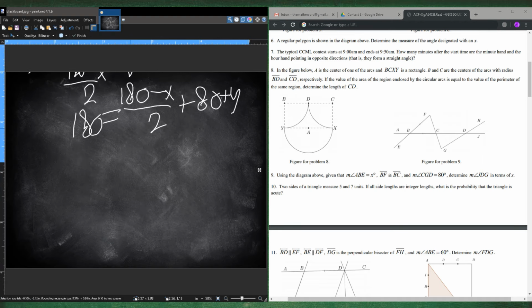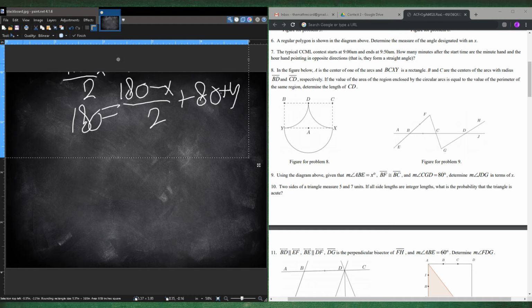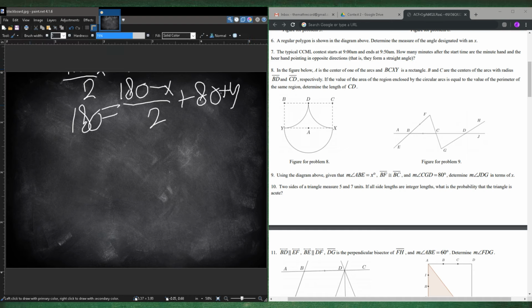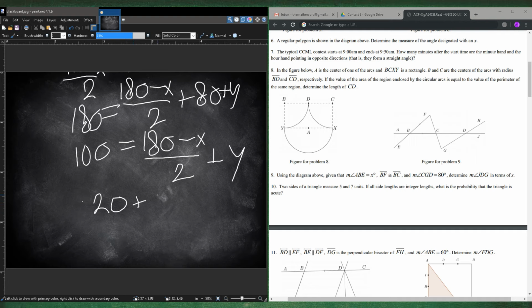We just need to do the math now and get it in terms of x. You minus the 80 first, so you get 100 is equal to 180 minus x divided by 2 plus y. Then you minus this, so you get 200 minus the 180, which is 20, plus x divided by 2 is equal to y.